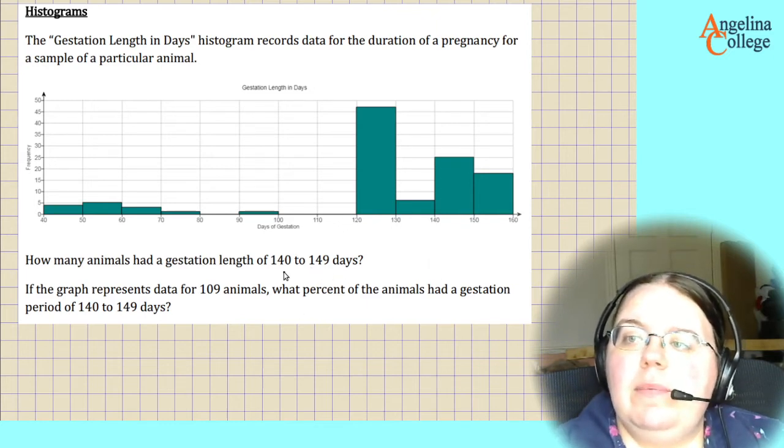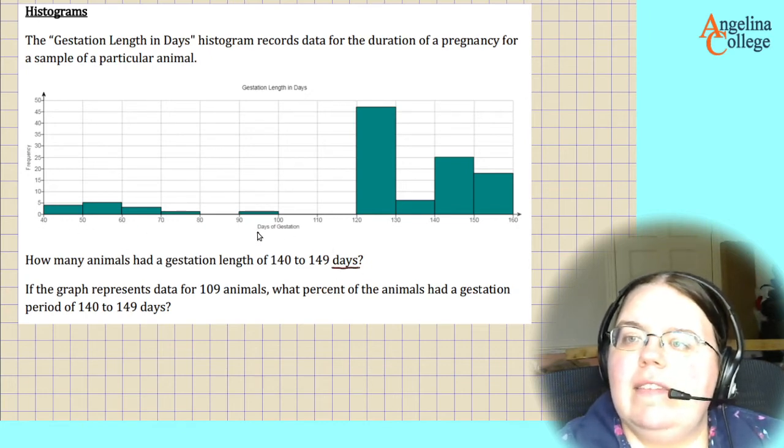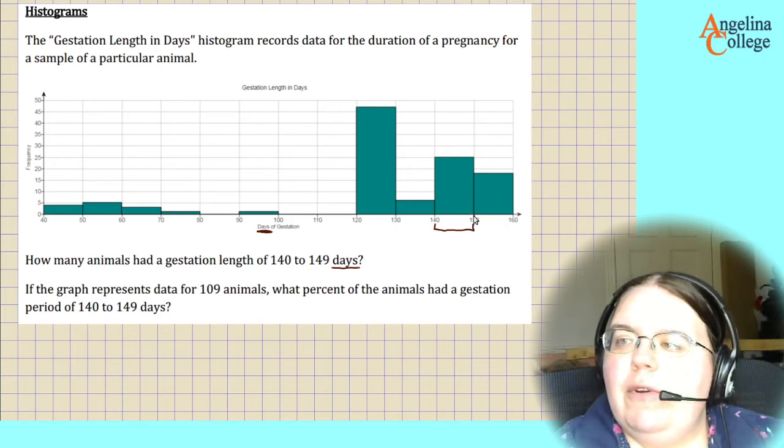So to answer that, we'll look for starting at 140, so coming across here, because we're talking about days, so that will be within this part of it here. So coming across here, starting at 140 and going up to 149, well, that will be just before 150.